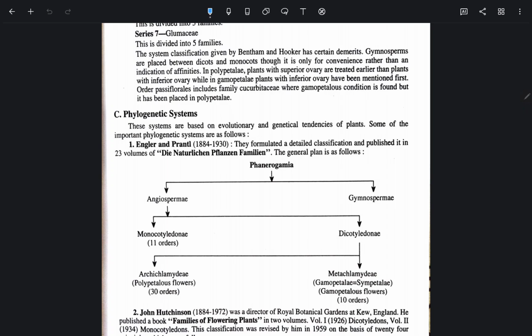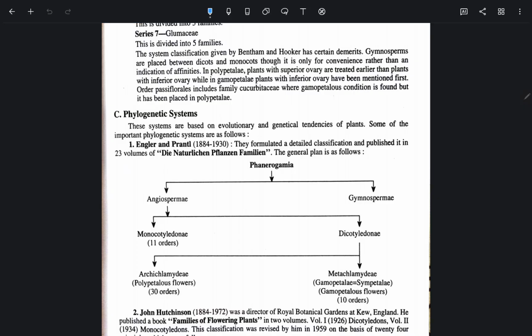Phylogenetic system: these systems are based on evolutionary and genetical tendencies of plants. Some of the important phylogenetic systems are as follows. Engler and Prantl formulated a detailed classification and published it in 23 volumes of Die Natürlichen Pflanzenfamilien.